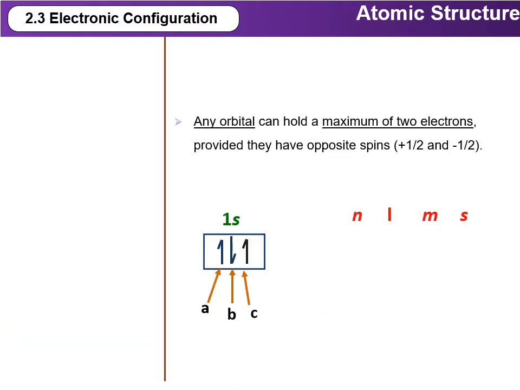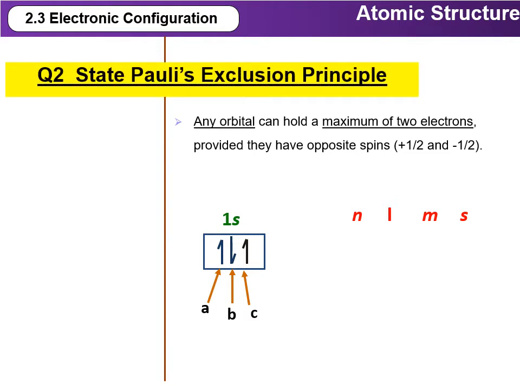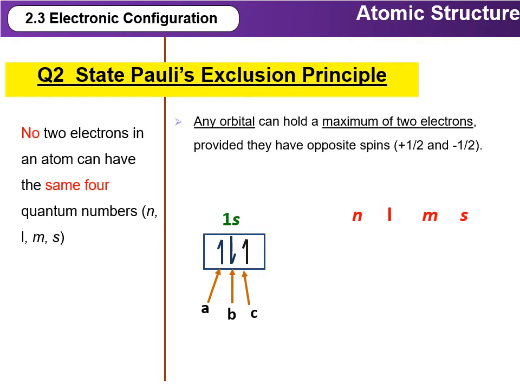Let's continue with the next part of question number 2, which is about the Pauli exclusion principle. What the Pauli exclusion principle emphasizes is that no two electrons will have the same 4 quantum numbers. Why can this happen?